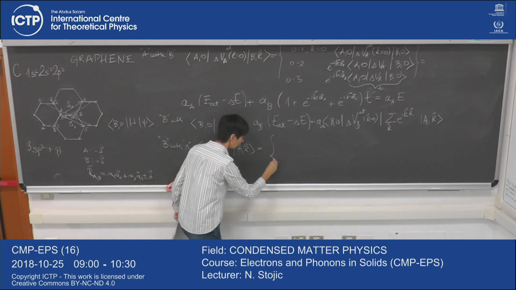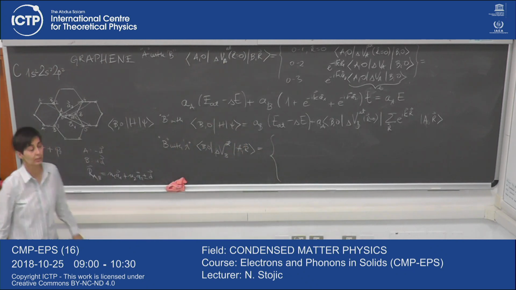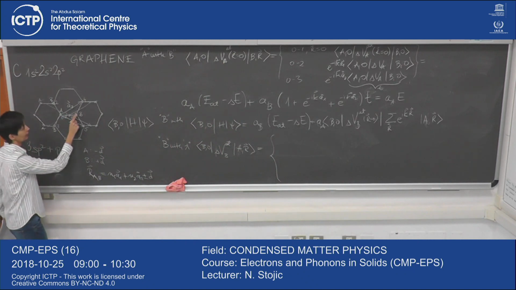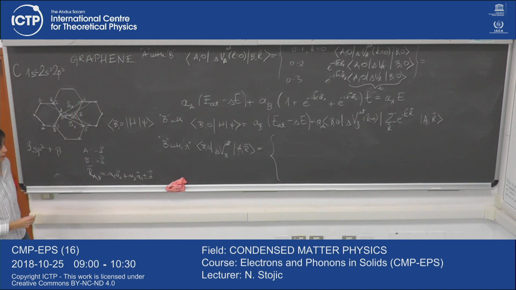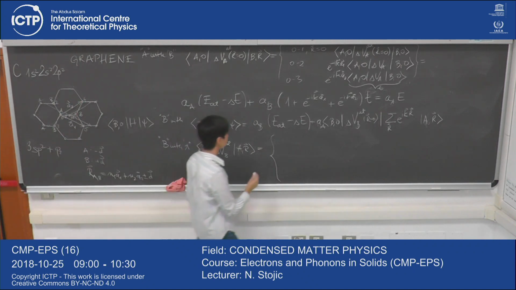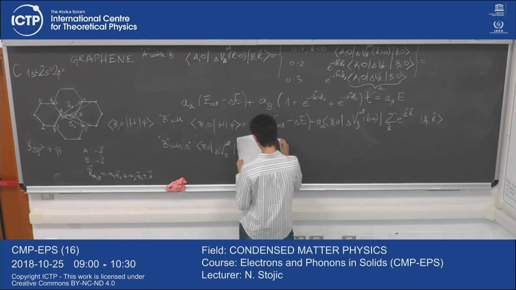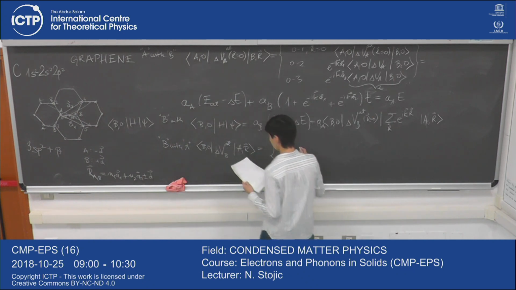So here again, we will have three cases. We have three neighbors of this B. This A, and this A. So it will be 0, 4, and 5. 1, 0.